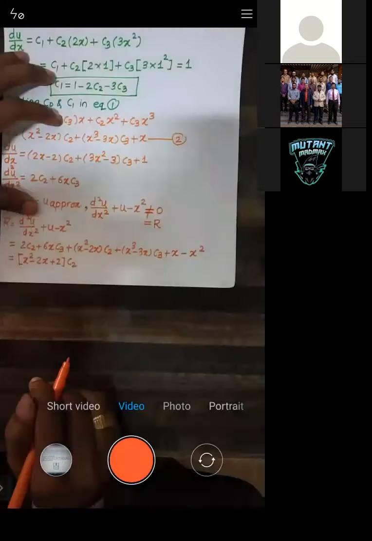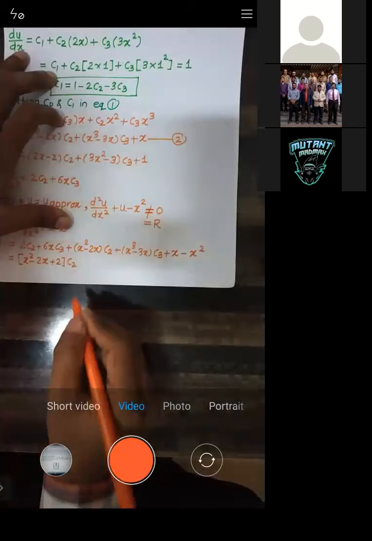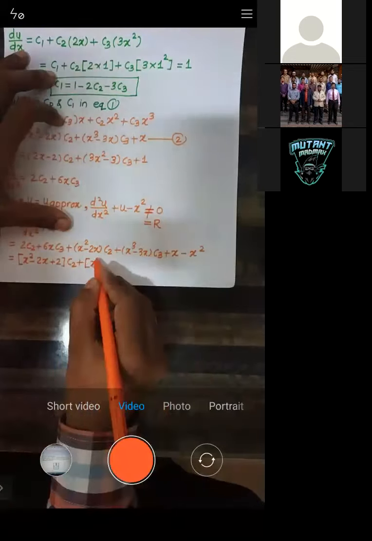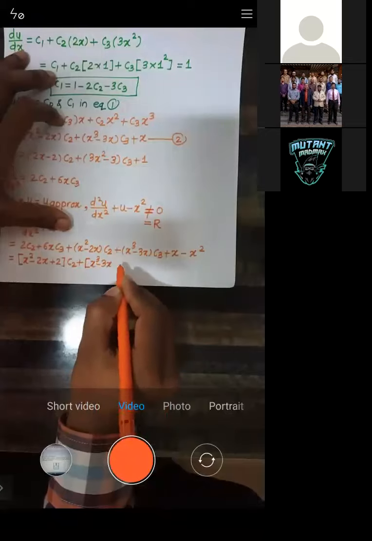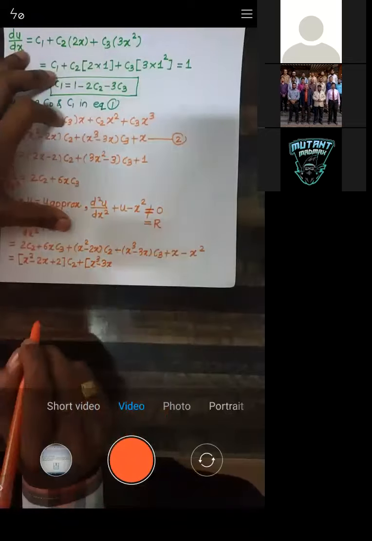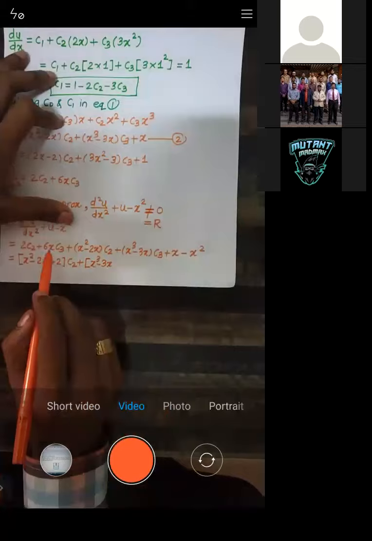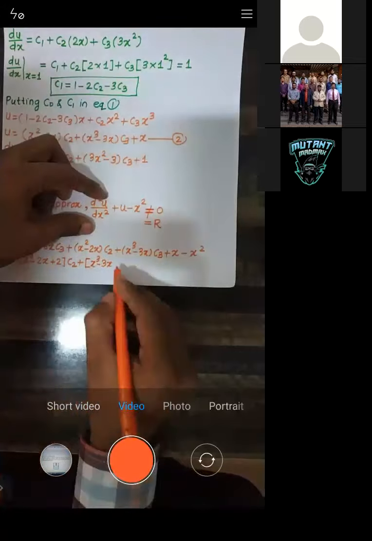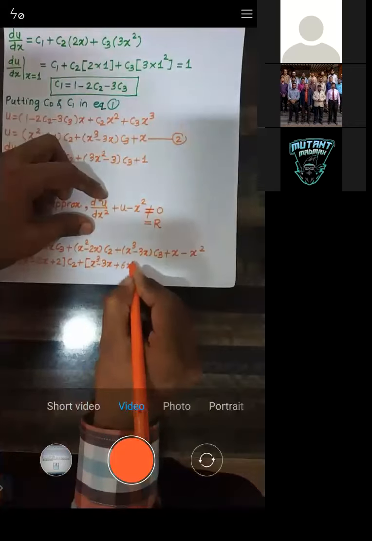Next, club the terms having coefficient C3, that is x³ minus 3x. Again, here you have the coefficient of C3 as 6x, so I'll write plus 6x. So this becomes the coefficient of C3.